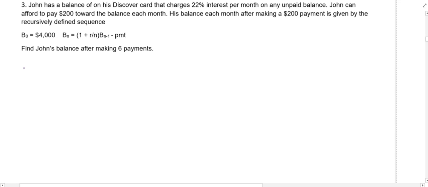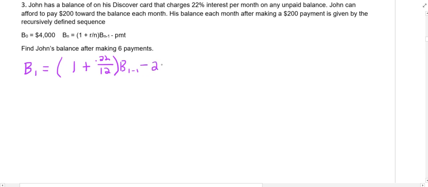So b sub 1 is going to be 1 plus our rate over the number of times we're compounding. So this is 22%, so 0.22 divided by 12, times b sub n minus 1. So this would be b sub 1 minus 1 here, and then minus 200 is his payment.